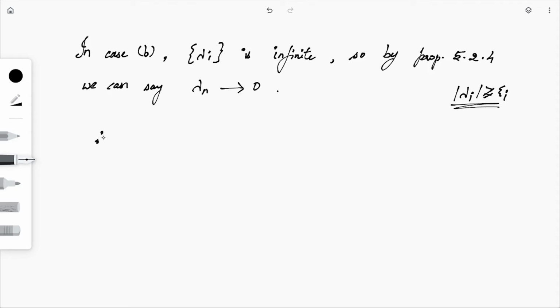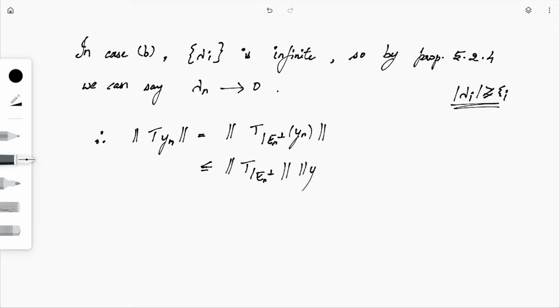Therefore, the norm of T of yn is the same as the norm of T restricted to en orthogonal acting on yn, because yn is an element of en orthogonal. This is less than or equal to the norm of T restricted to en orthogonal, into the norm of yn.